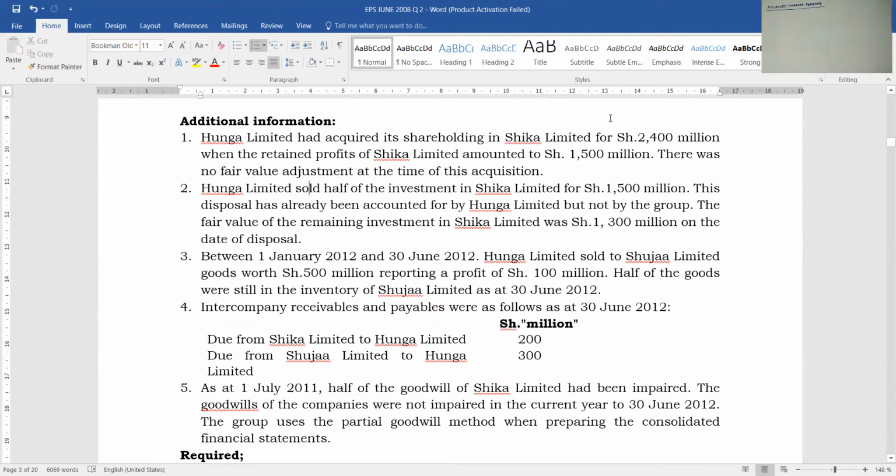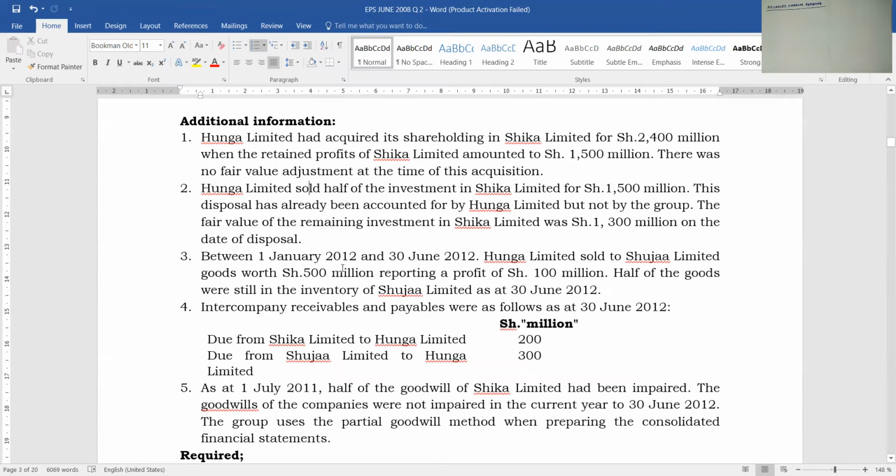The investment is supposed to be 1,200 by the time of disposal. But here you can see in note 2, the last sentence, they are saying the fair value of the remaining investment in Shika was 1.3 on the date of disposal. And we know that it's supposed to be 1.2. So there was a difference of 100, which is a revaluation reserve on investment.